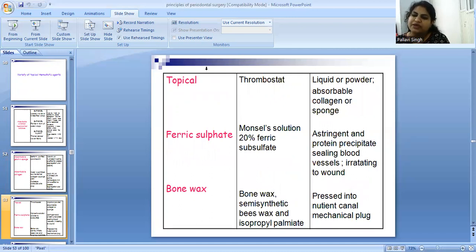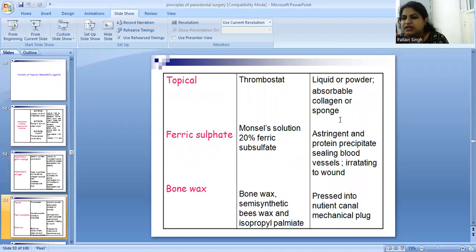Now you can use topical thrombostatics. They come in liquid and powder range, absorbable collagen and sponge. Ferric sulfate, Monsel's solution, 20% ferric subsulfate is used. It acts as an astringent and protein precipitate, sealing blood vessels, and is irritating to the wound.